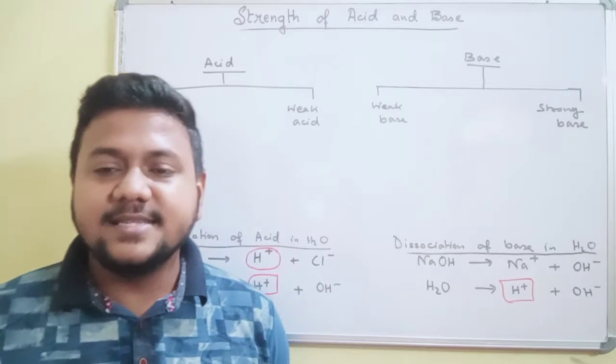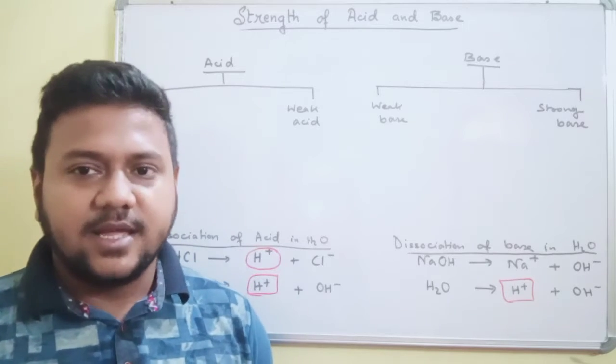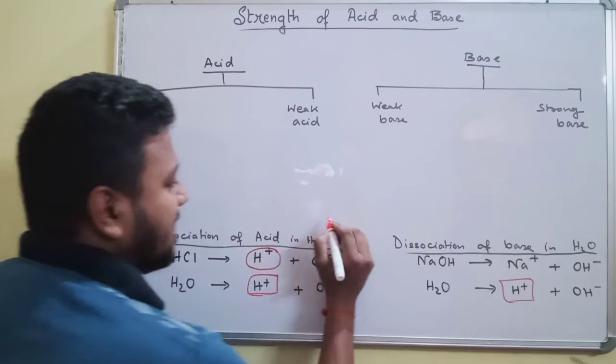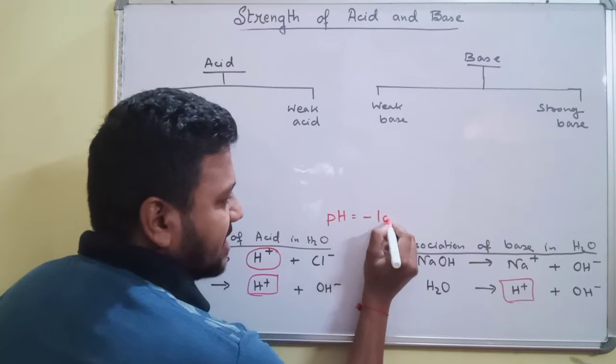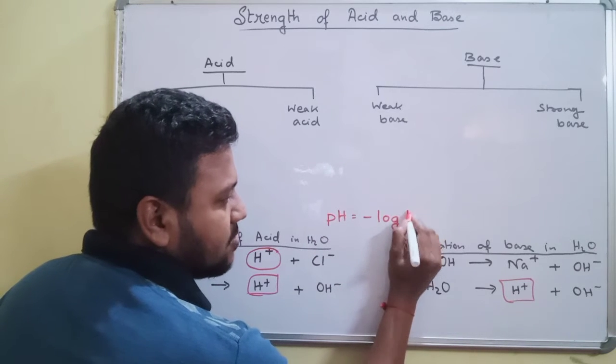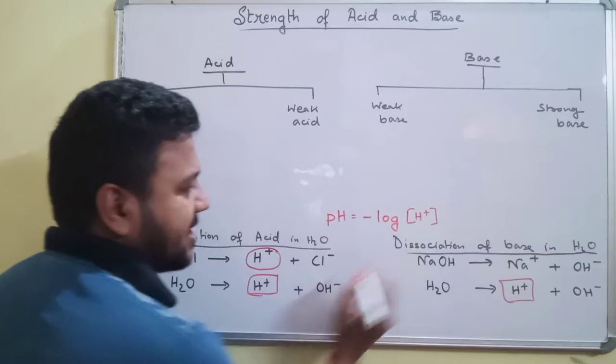The scientist's name was Sorensen. He defined the pH scale as the minus logarithm of the H+ ion concentration.